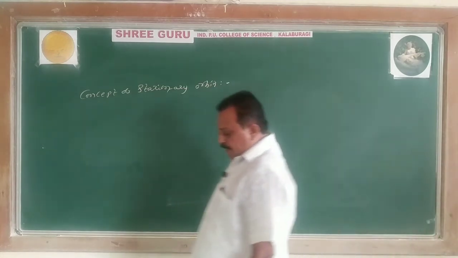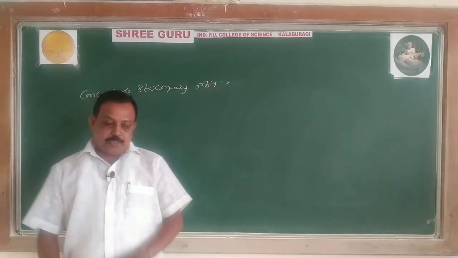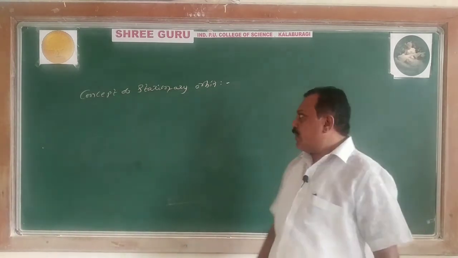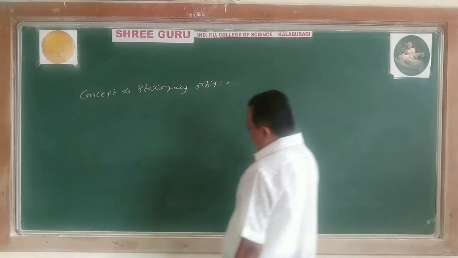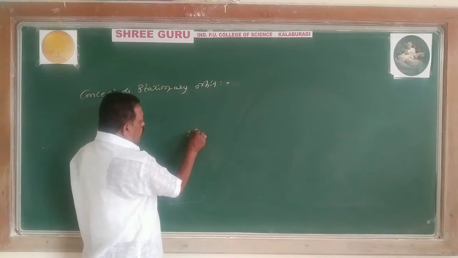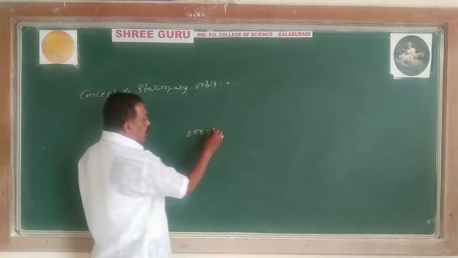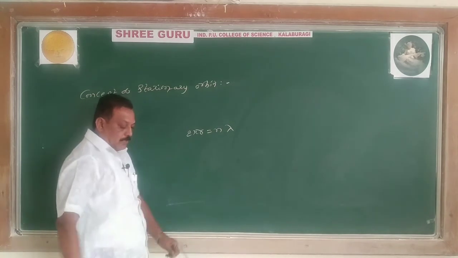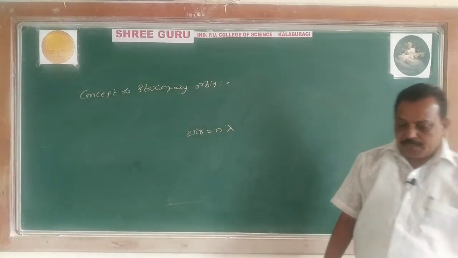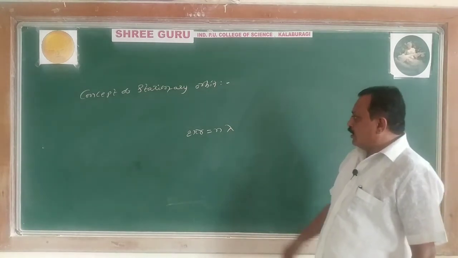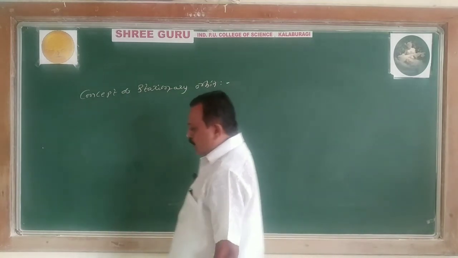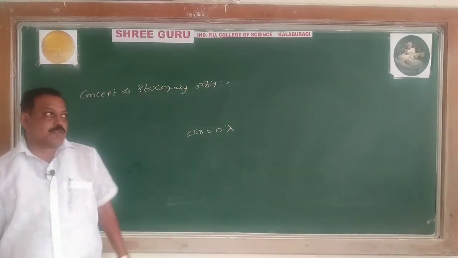So, the circumference of the electron's orbit around the nucleus, that is 2 pi r, is equal to an integral multiple of wavelength according to de Broglie.